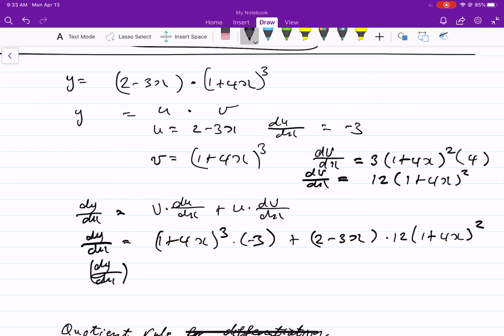Okay, let's see how well I can tidy this up. I can factor out a 1 plus 4x all squared, and I'll also factor out a 3.